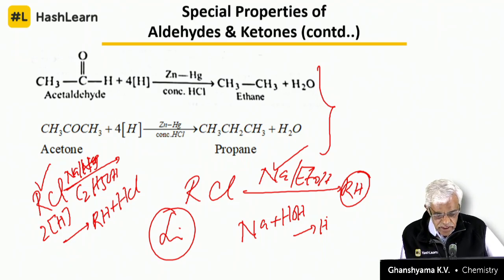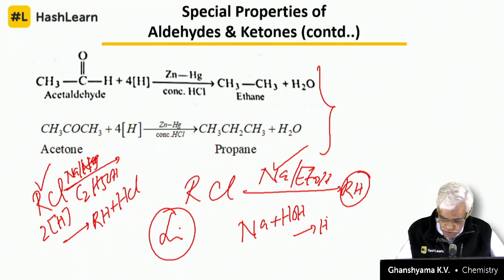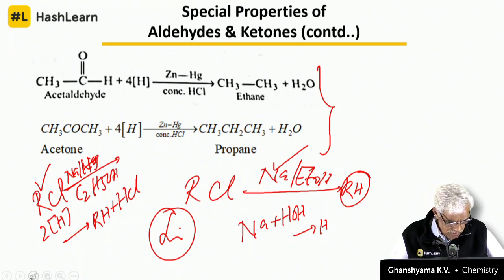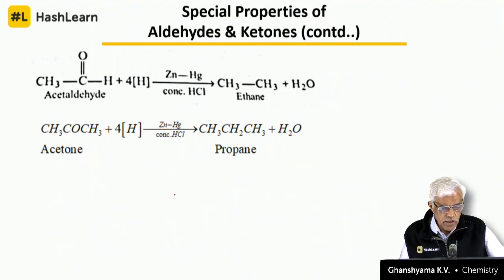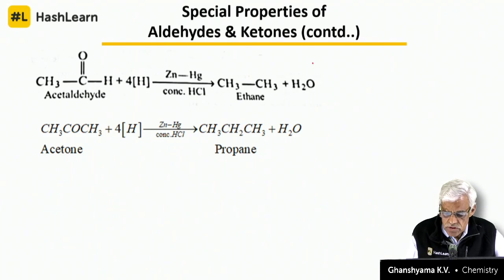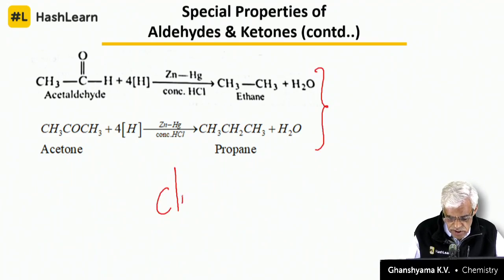Okay, right. Coming back to our explanation, the reduction process of aldehydes and ketones, this reduction you already know is called Clemmensen reduction.